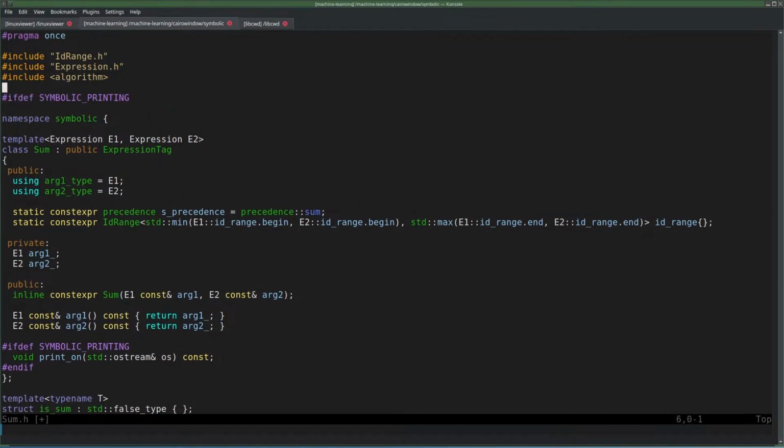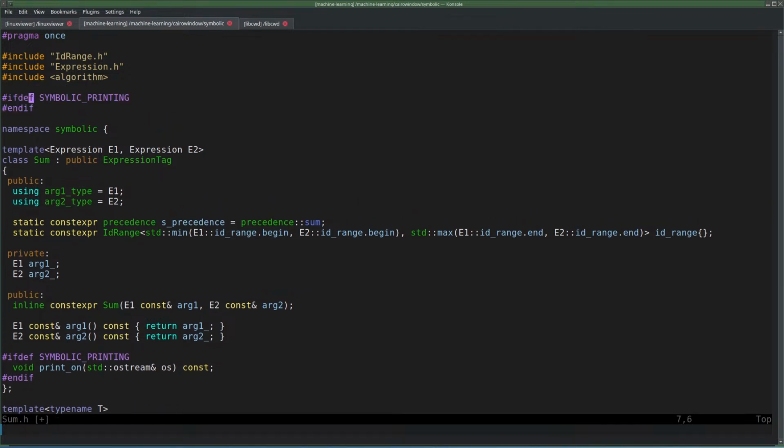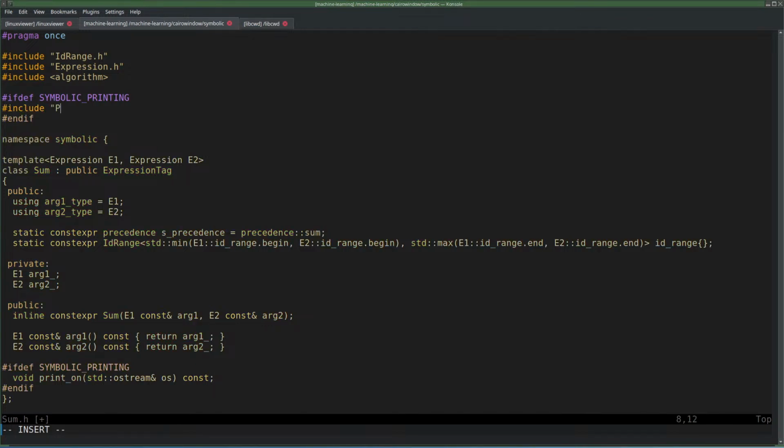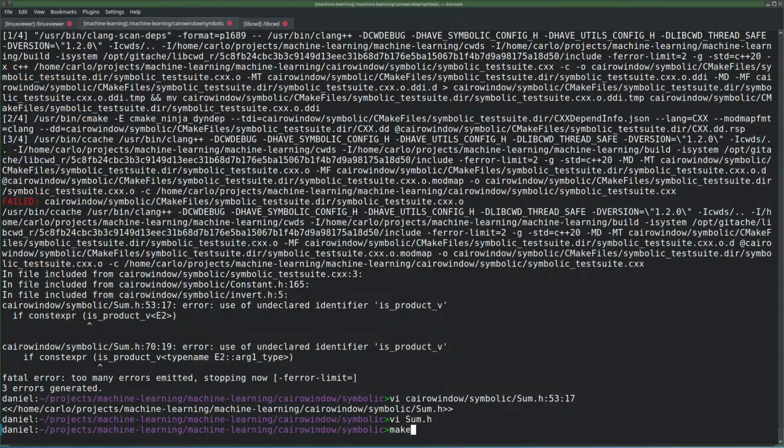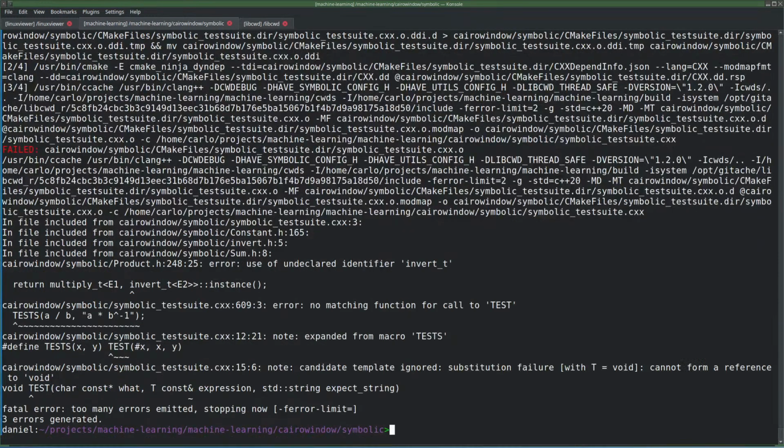Yeah, and then we get the same error again, because now invert includes sum still, which includes product, as it should.